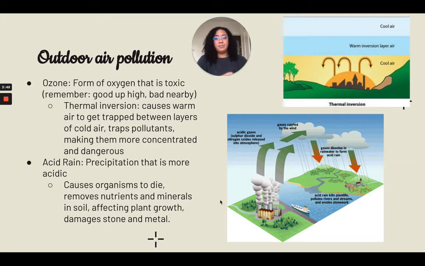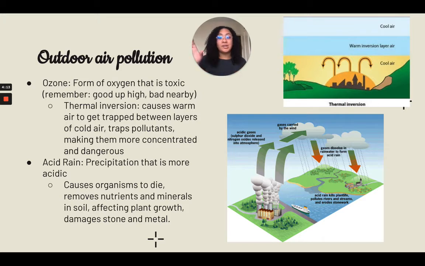Okay. So when we also think of outdoor air pollution, there's also a type of oxygen called ozone. So it's a form of oxygen that's toxic to us, but there's also an ozone layer, if you've heard of it, that's high up in the sky. So when it's high up, that means it's good. It's actually protecting us from harmful rays.